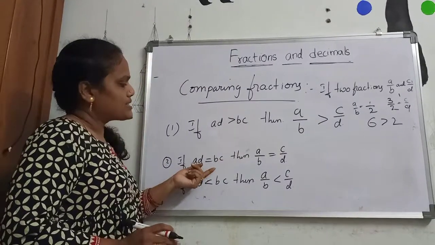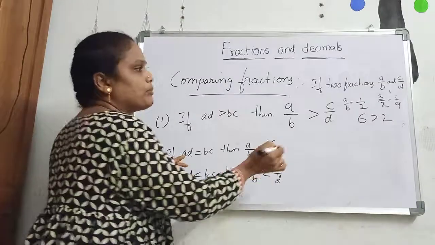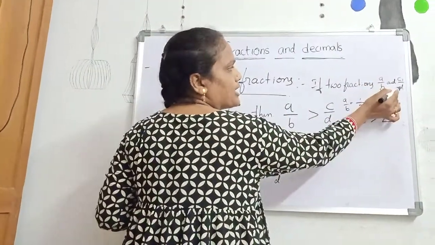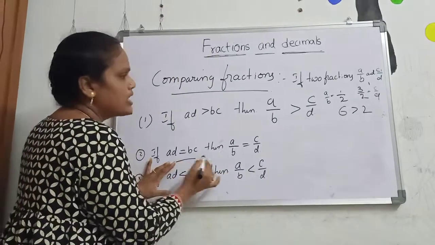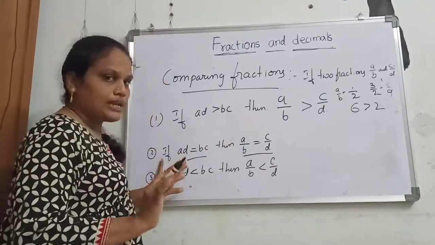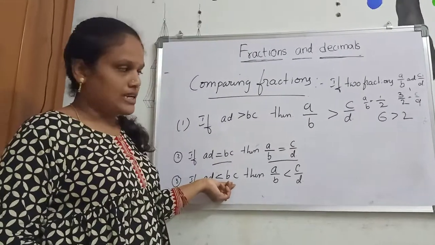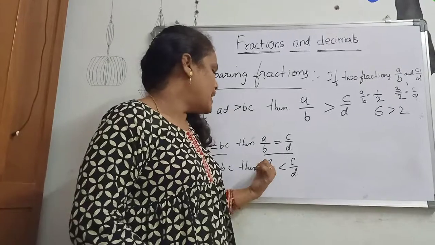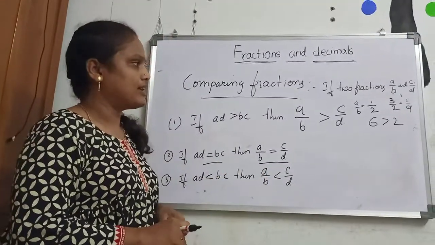If AD is equal to BC, then a by b is equal to c by d; those are equal fractions. If AD is less than BC, then a by b is less than c by d.